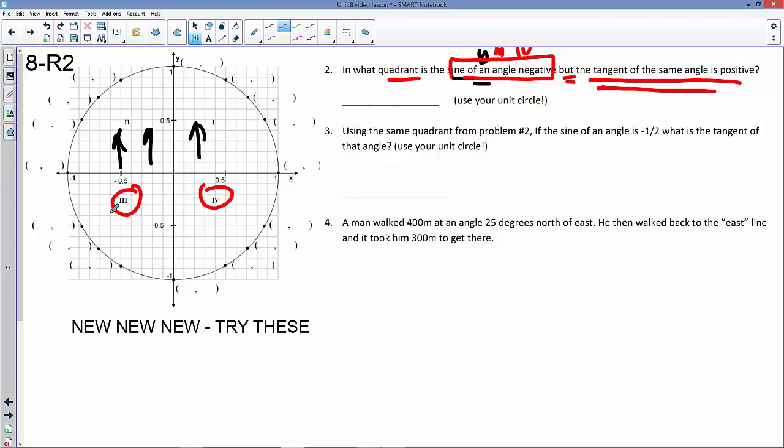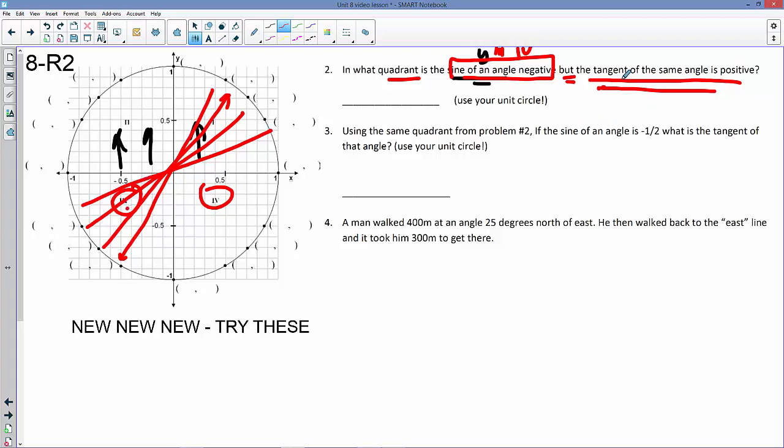So tangents are slopes of the radii. All of these lines are tangent lines. Well, they're not tangent lines, they're diameters, I should say, made up of 2 radii. And all of those have a positive slope. So tangent is positive in 1 and 3.